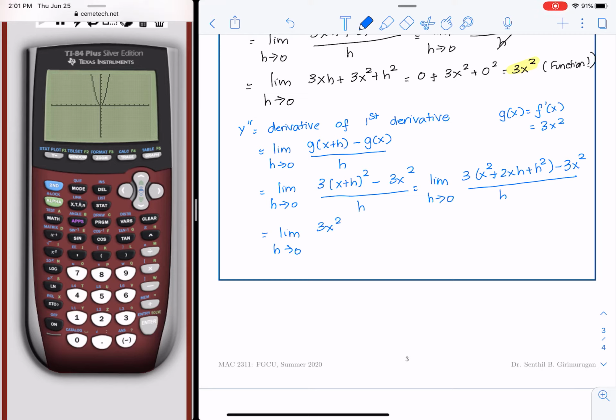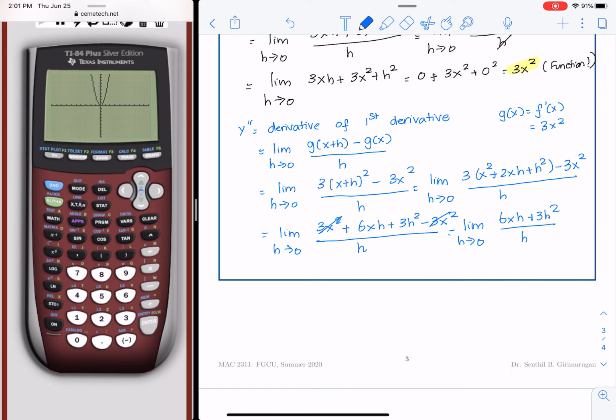Distribute the 3, I will have 3x squared plus 6xh plus 3h squared minus 3x squared divided by h. So those two would go away, and we will have 6xh plus 3h squared divided by h.